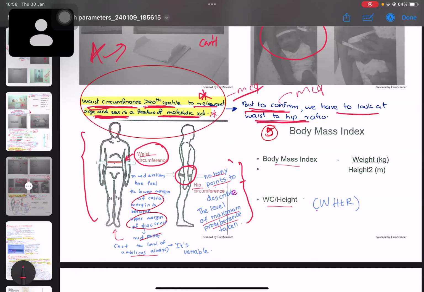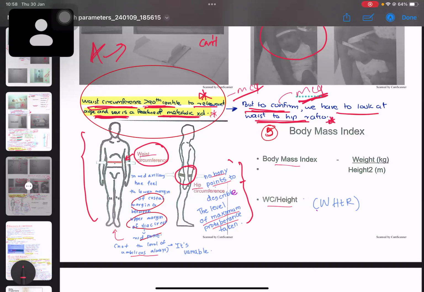For that, we have to measure the waist circumference as well as the hip circumference. This is an MCQ point. An MCQ may appear like: waist circumference confirms metabolic syndrome. This is wrong, because waist circumference only suggests it could be metabolic syndrome. To confirm metabolic syndrome, we have to look at the waist-to-hip ratio.